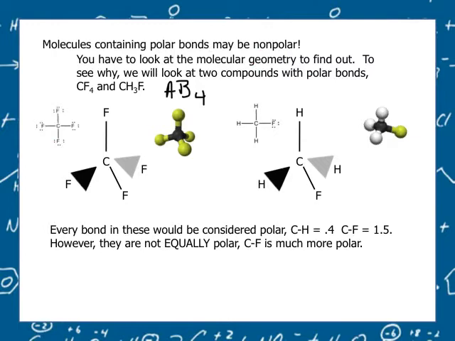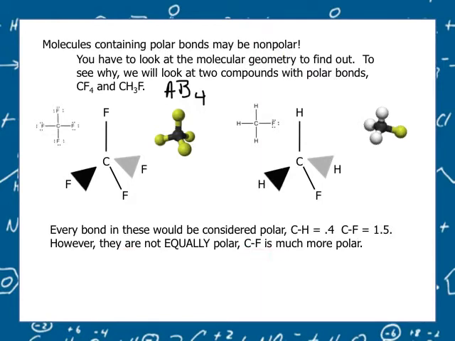Every bond of these is going to be polar, so here's the electronegativity difference between carbon and hydrogen. Here's the electronegativity difference between carbon and fluorine, so both of these fall into the polar camp. However, these are not equally polar.